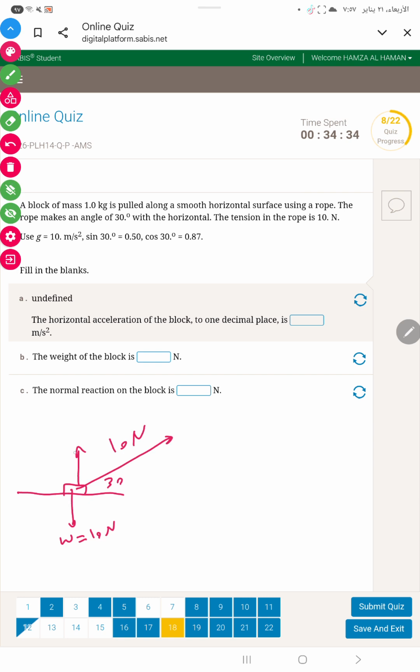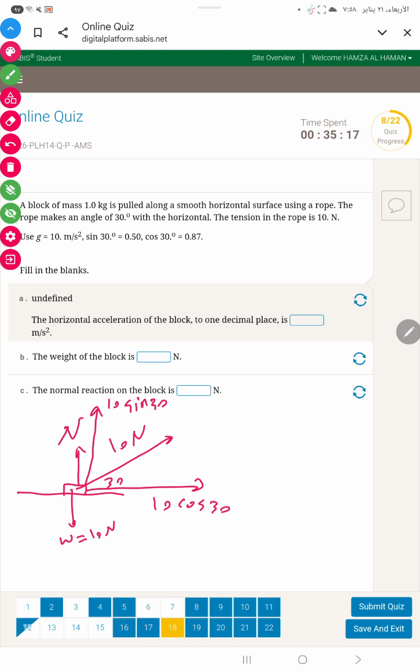So the normal reaction is N. We don't have it. So this is the free body diagram. Now we split the 10 Newton force into two components. The horizontal component is 10 cosine 30, and the vertical component is 10 sine 30.